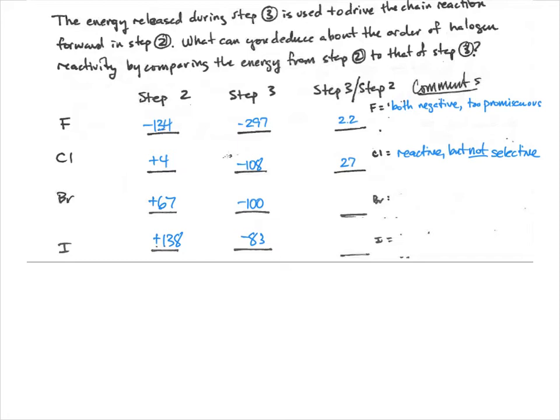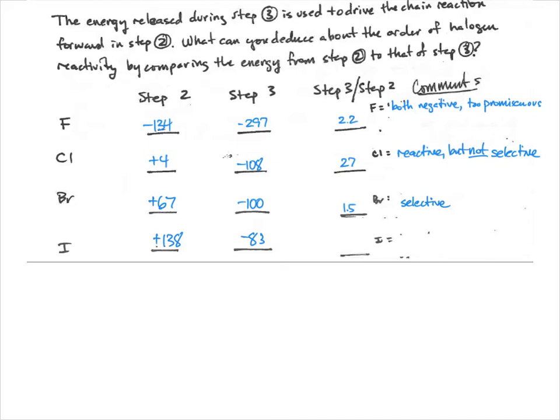Now compare that to bromine, where the ratio of 100 divided by 67 is 1.5. So we say bromine is more selective. So we can say, to put it in Instagram terms, bromine is posh. It really wants to go after a select type of carbon-hydrogen bond to abstract.